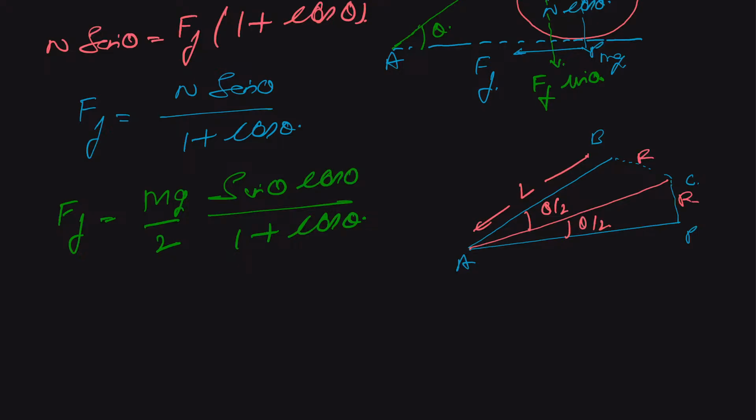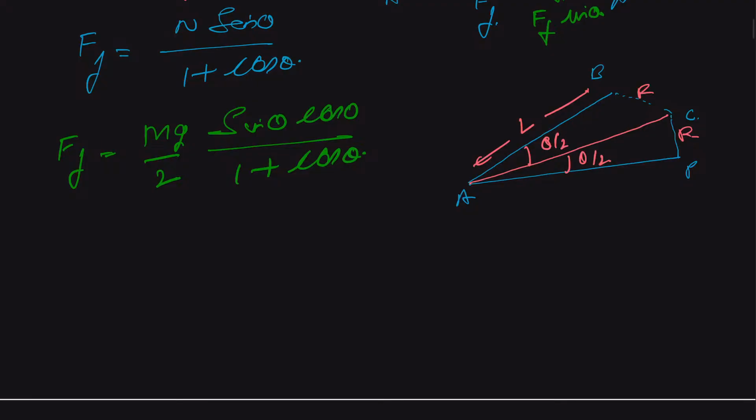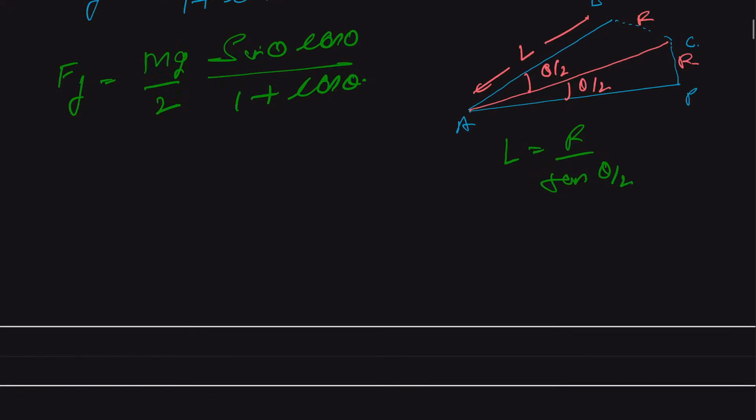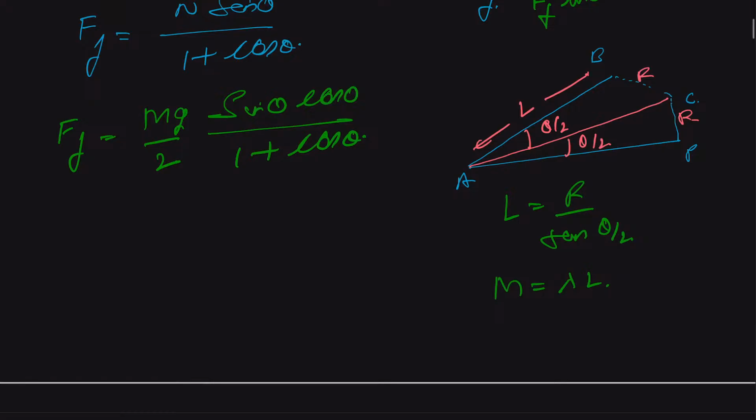Therefore, from this we can write that L is equal to R upon tangent of theta by 2, and if m is our total mass, then m is equal to mass density multiplied by total length L.